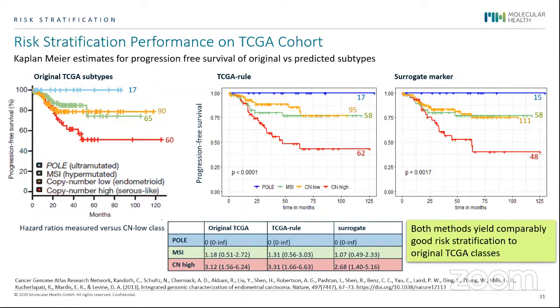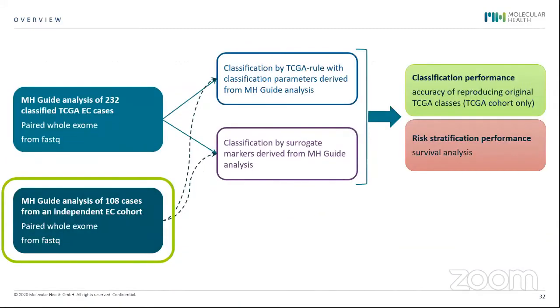So now we look at our independent cohort from the University of Greifswald. Of course, there we don't have a multi-platform classification. We don't have ground truths here, so we can only look at the risk stratification to see how good the two classification rules perform.